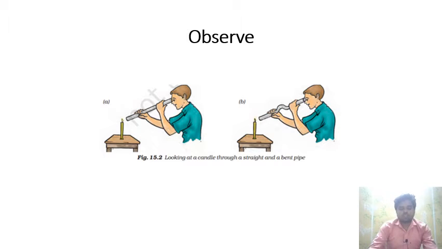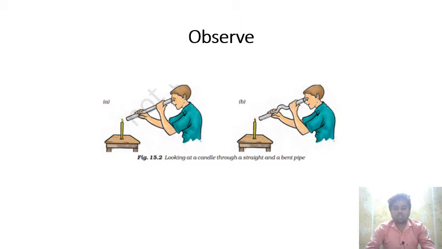In image one, students, we can see that the person is looking at the candle with a straight pipe, and in the second one the person is looking at the candle with a bent pipe. So there is one straight pipe and one bent pipe. What was the observation of the man?